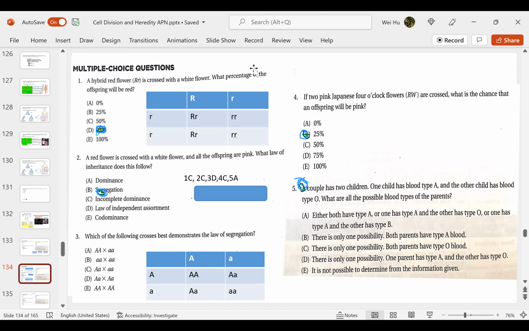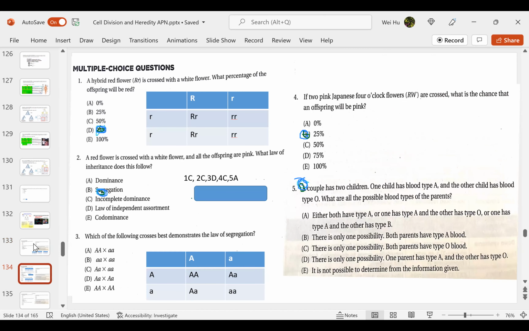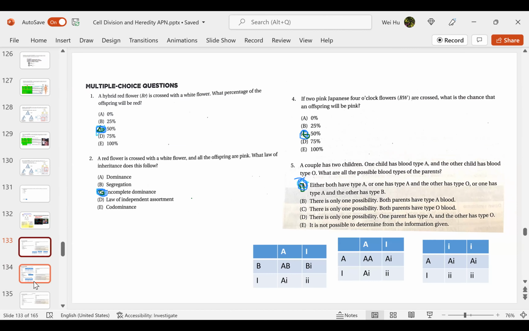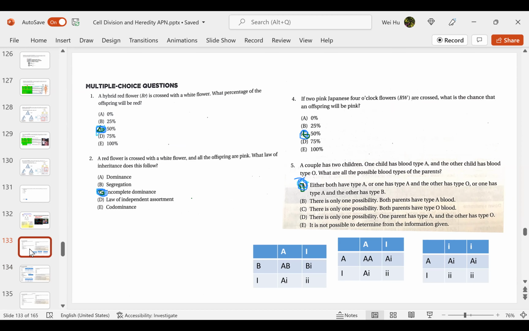Okay, your results. 1 is C, and 2 is C, 3 is D, the same one? No. Okay, now let's look at this one.